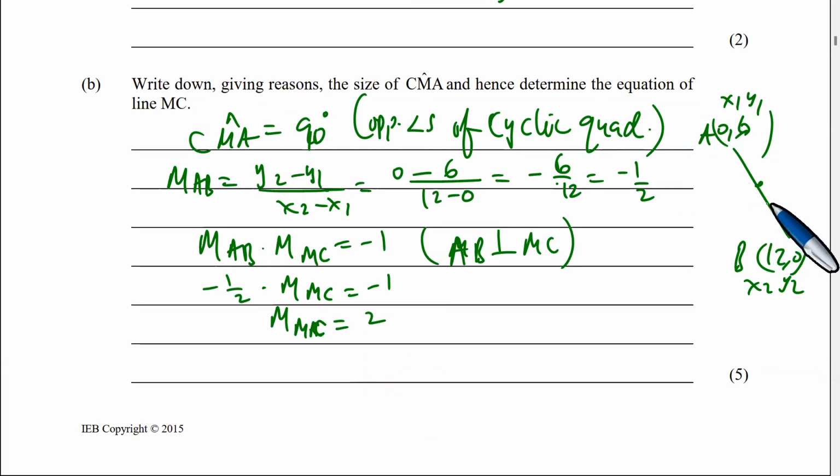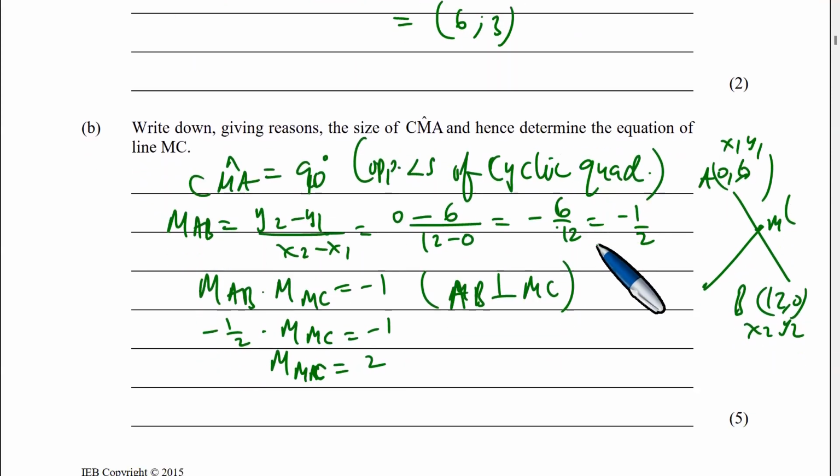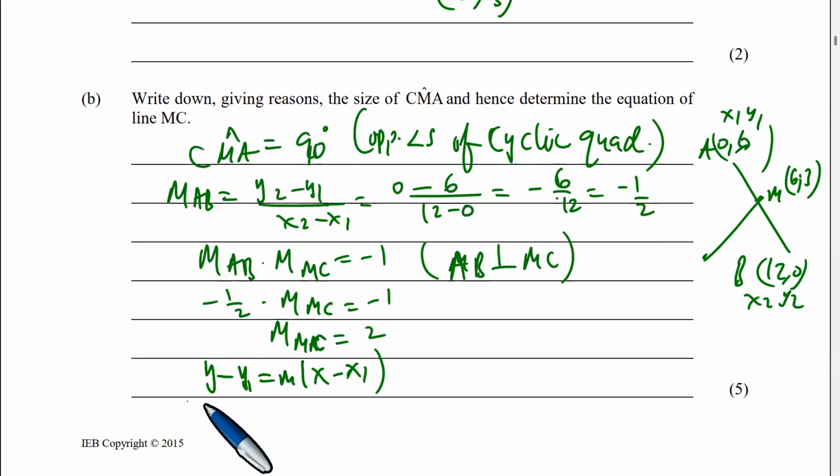We agree that MC is somewhere here, and M has the coordinates we have seen: 6 and 3. So we use y minus y1 equals m times x minus x1, with M as 6, 3.